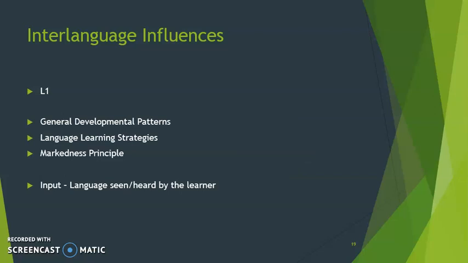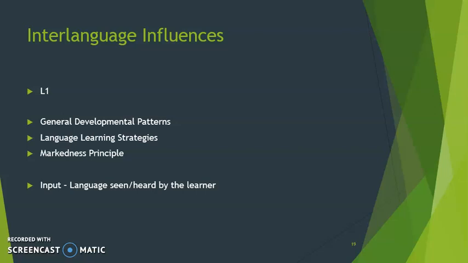And the last thing we might want to consider about what influences our interlanguage is the input: the language that is seen and heard, experienced by the learner, right? Input, both in L1 and L2, influences the language that we learn and the language that we produce.